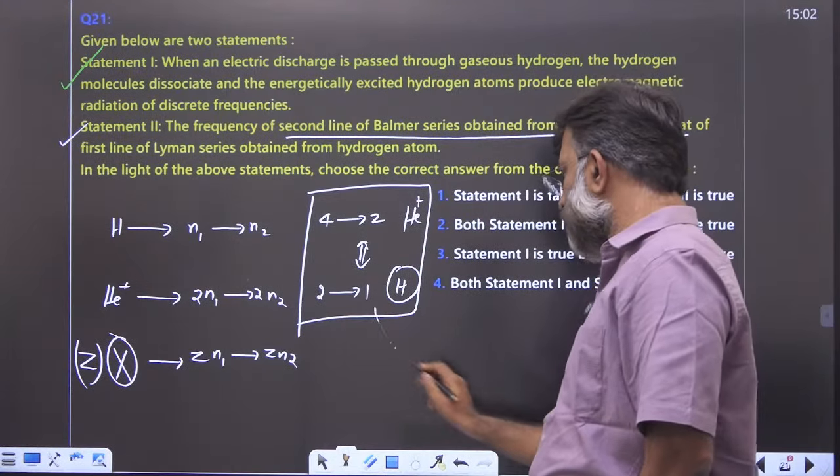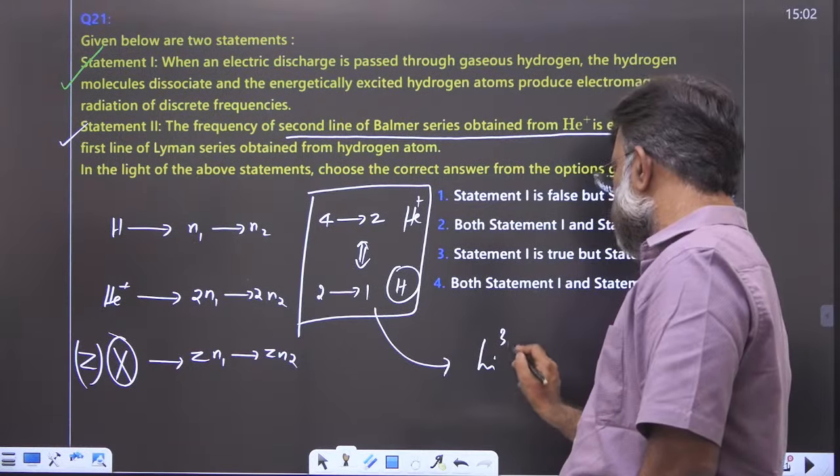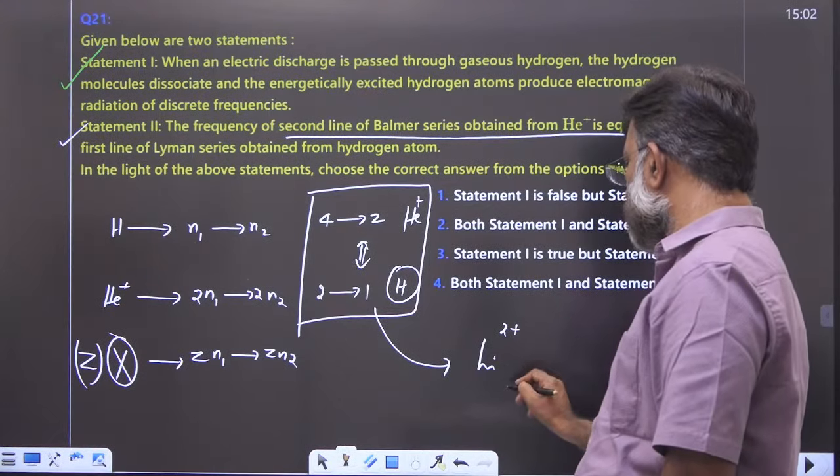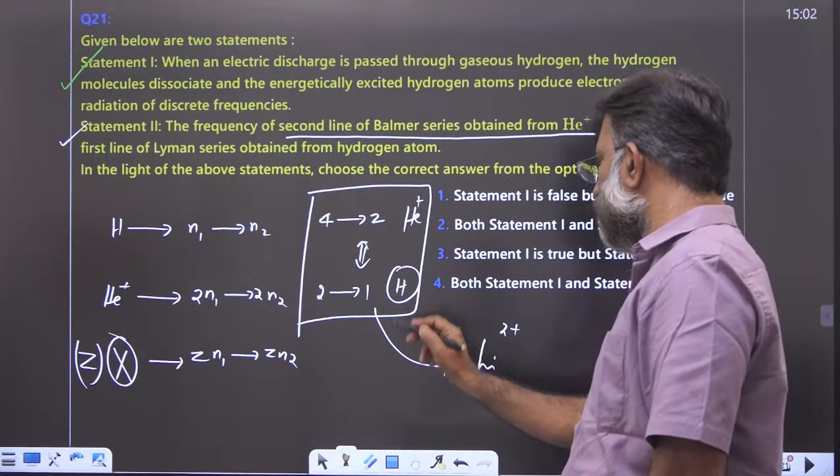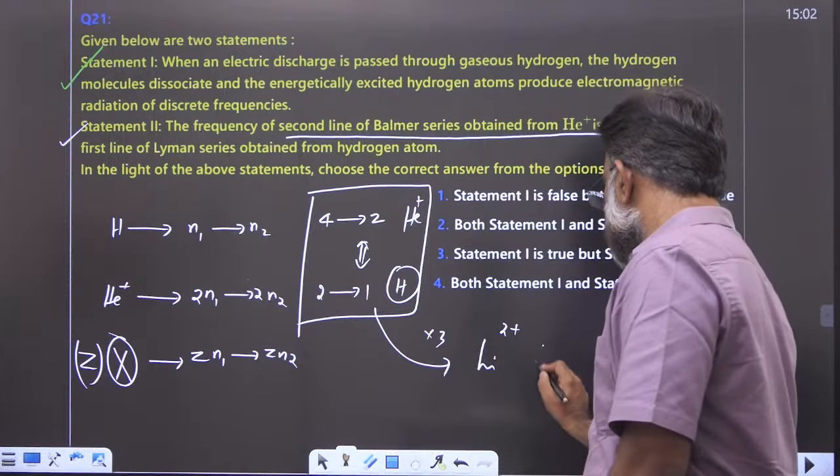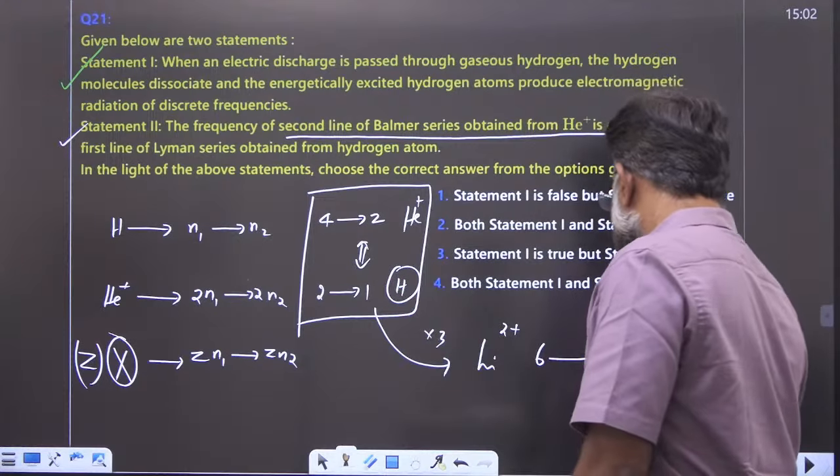Suppose the same transition we are talking about for lithium 2 plus. It will be 3 into 2 is 6, 3 into 1 is 3.